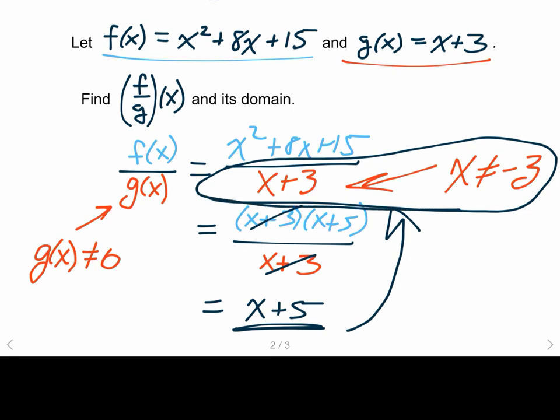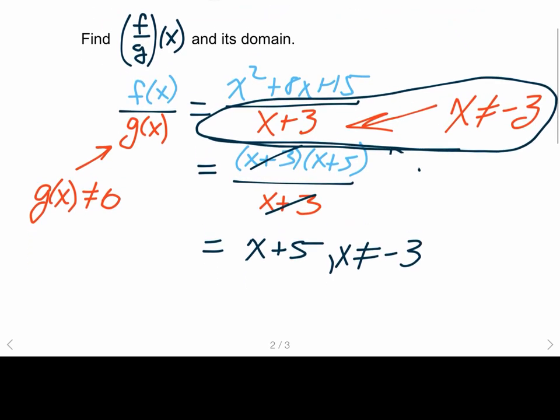And so even though it looks like the problem where x is negative 3 went away, we have to retain the restriction. In other words, f divided by g of x is equal to x plus 5, provided that x does not equal negative 3.